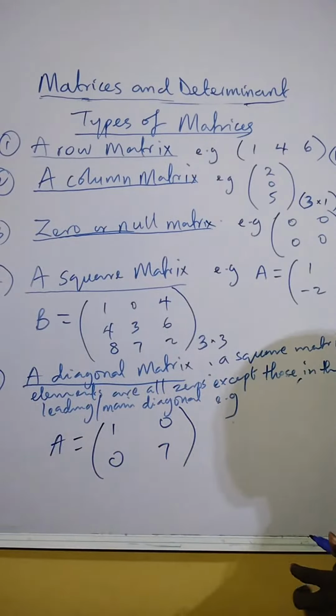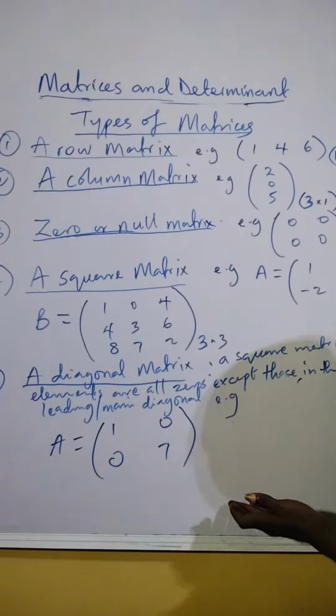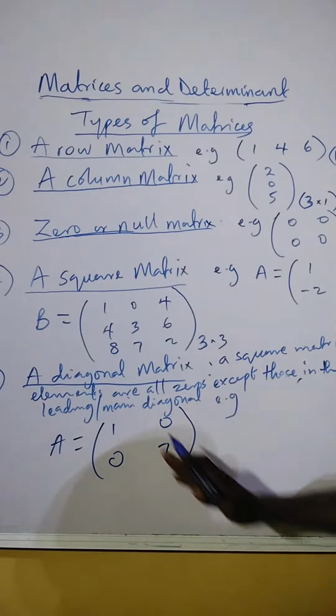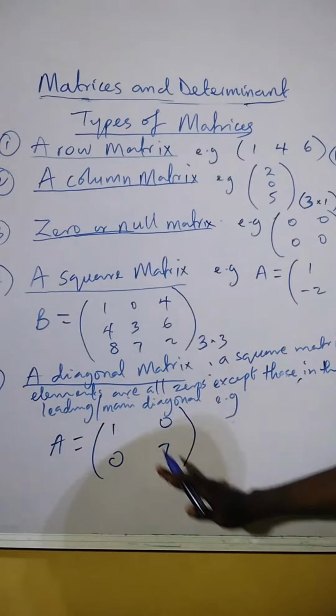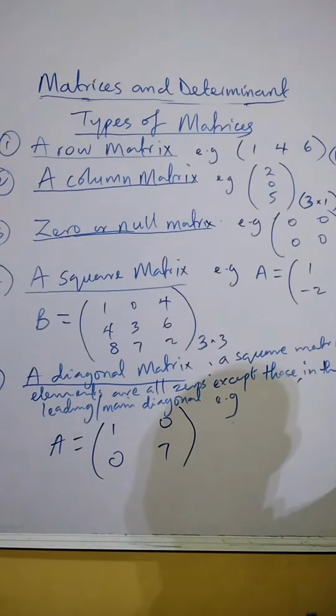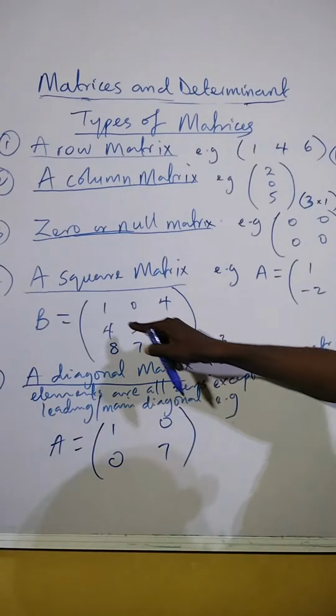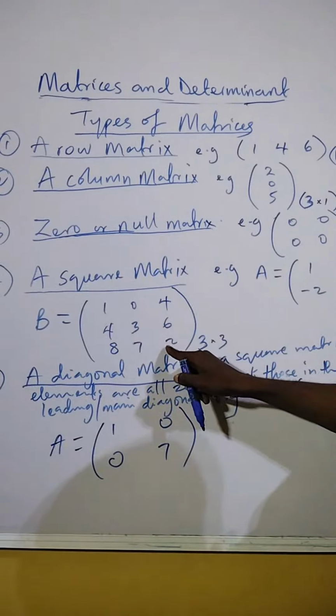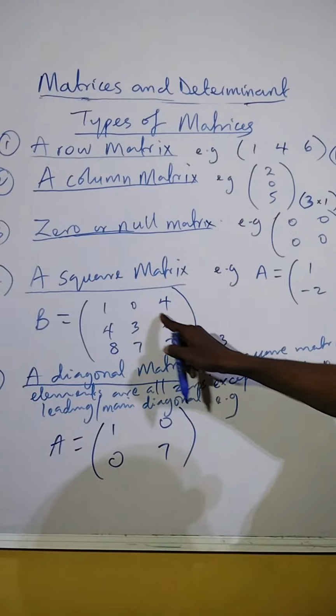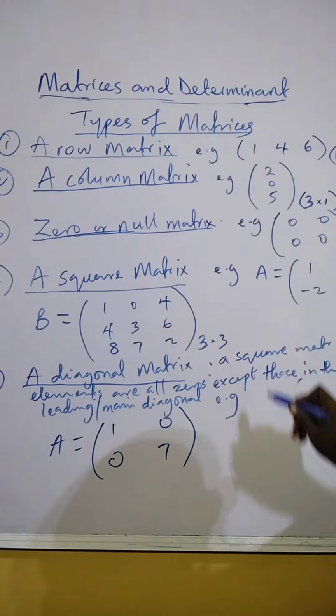This now has the element 0, except the elements in the main diagonal, that is the leading diagonal here. So that is what they call a diagonal matrix. Also here, we can change this one to a diagonal matrix. It's only 1, 3, 2 that we are going to have. All other ones will be 0.